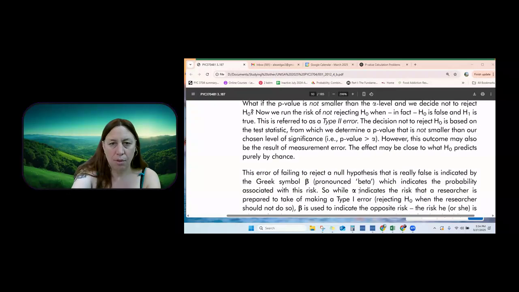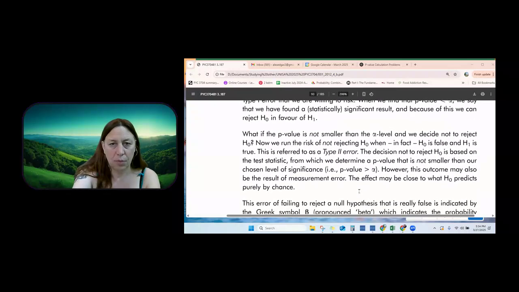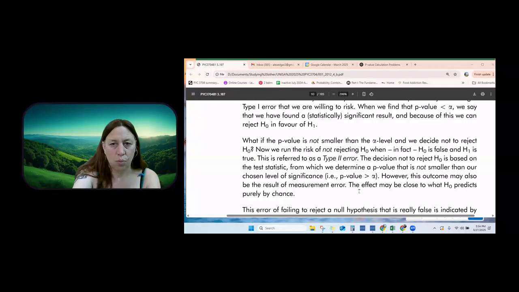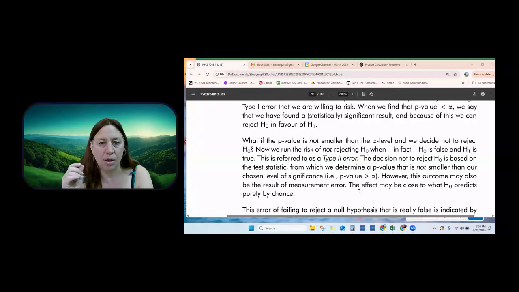Okay, so now we've got the alpha. Type 1 errors relate to the alpha, okay? So when the null hypothesis is true, we've made a mistake because our alpha value has not picked that up correctly.